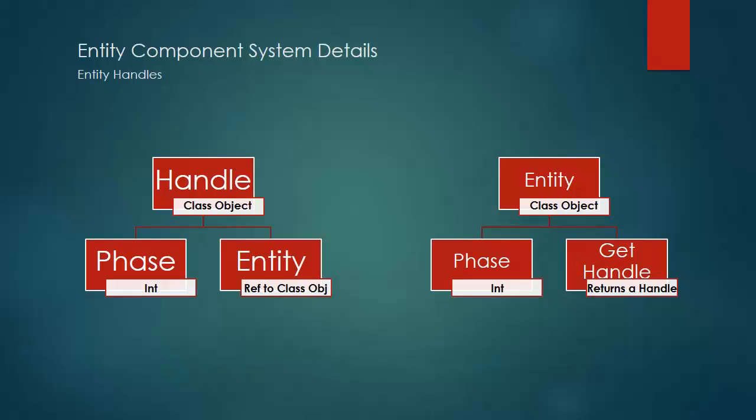If somewhere the old reference to the player goes, hey, there was a player at one point and it was an entity and here's my handle to grab that entity, it's not going to go and grab that new piece of UI or the monster, the NPC that it is now representing. The handle will technically still have a reference to that entity, but it won't matter because the handle has a little bit of logic in it so that whenever we request the entity, it will check to make sure that it's in phase.